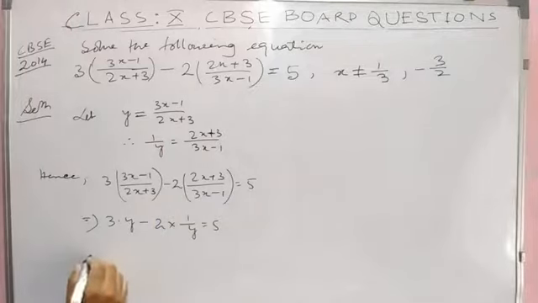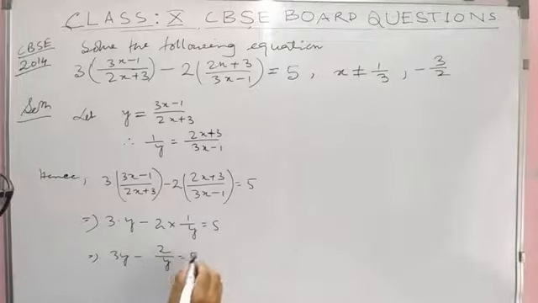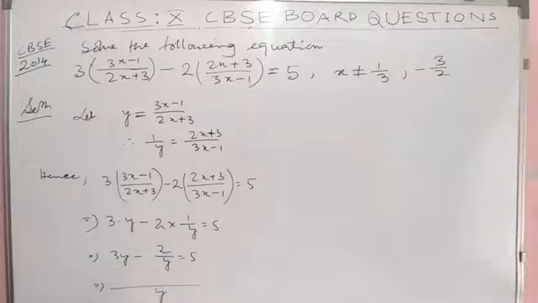Now you see, so it will be 3y minus 2 by y equal to 5. Take LCM as y, so definitely it will be 3y square minus 2, equal to 5.